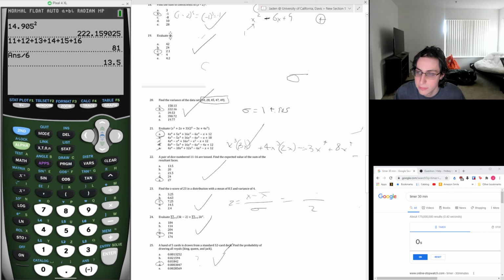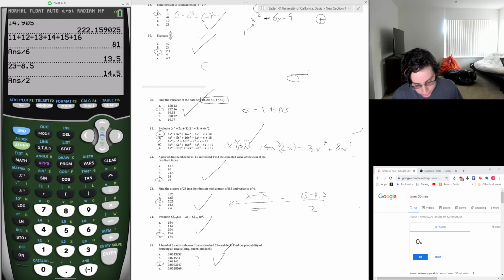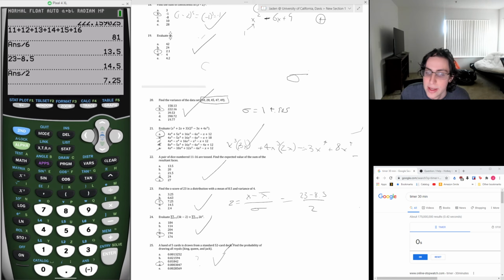Mean is 8.5, and it says of 23, so we have 23 minus 8.5 over 2. Also, I like separating it out, and then I just use ands when I'm typing into my calculator. Personal preference. 7.25. Great.